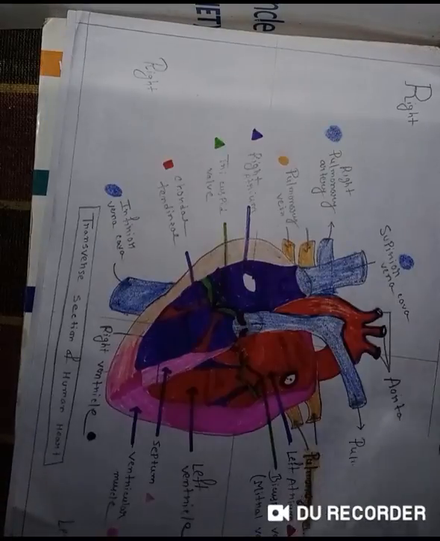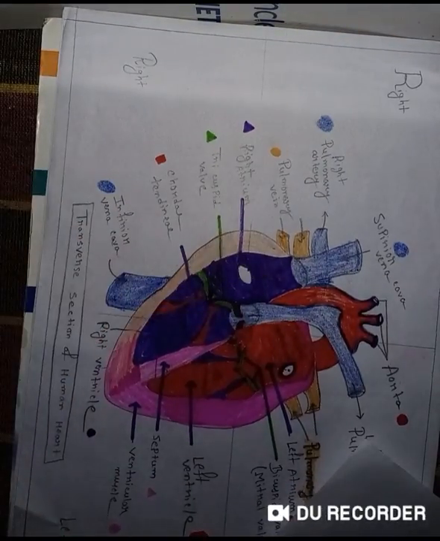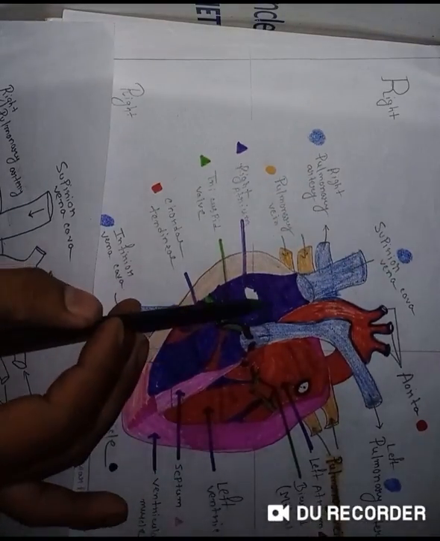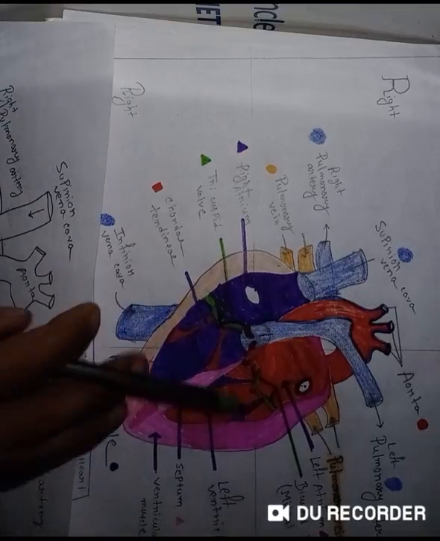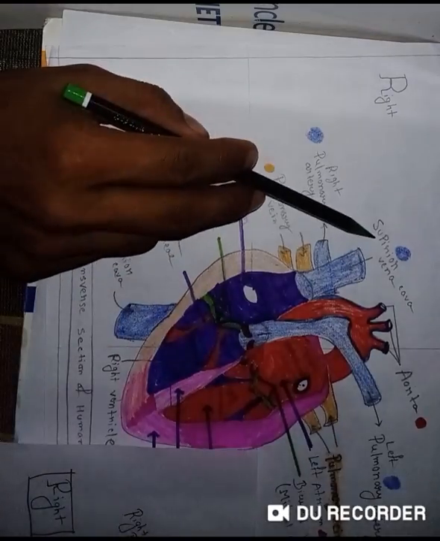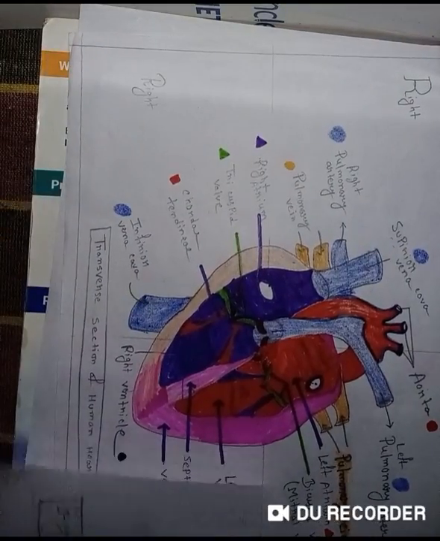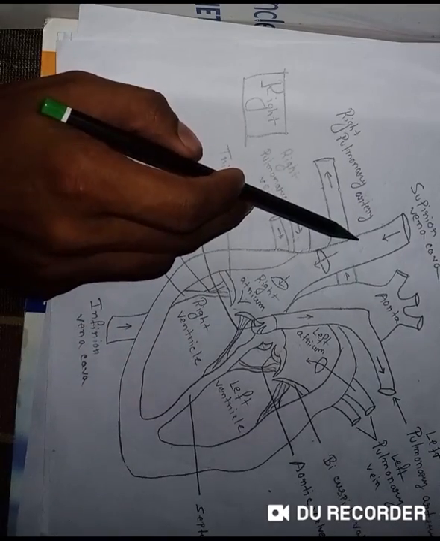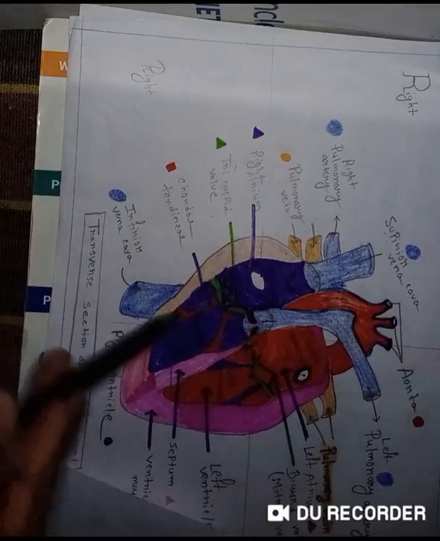Here I have colored it with blue. This denotes that the right atrium receives deoxygenated blood from the superior vena cava and the inferior vena cava. It brings the blood from the entire body.